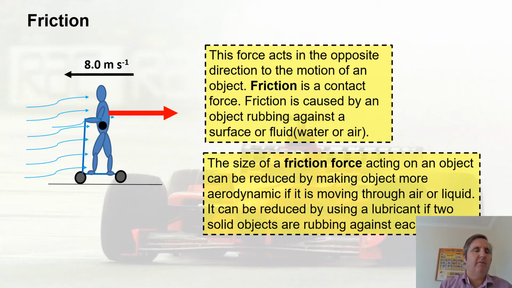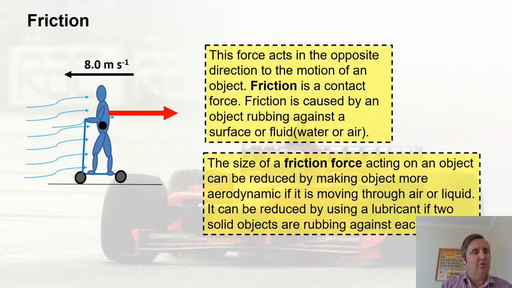We can make the friction force smaller by making ourselves more aerodynamic. If we were riding a bicycle, we can lean over the handlebars to reduce the surface area that's coming in contact with the air as we travel through it, and that will make us more aerodynamic, and therefore there will be less friction force and we will end up being able to go faster.